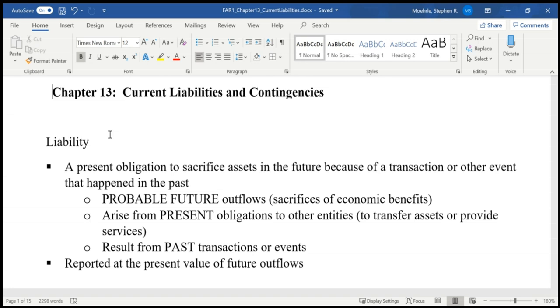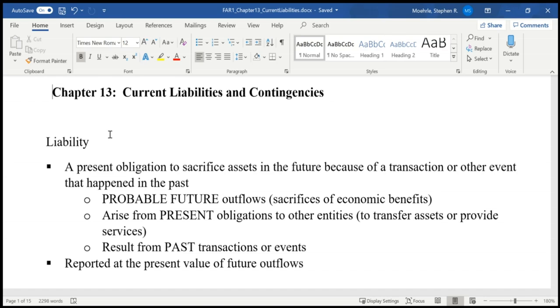Global future outflow arising from present obligations to other entities, obligations that transfer assets or provide services, and it results from past transactions or events. And liabilities in general are reported at the present value of future outflows.